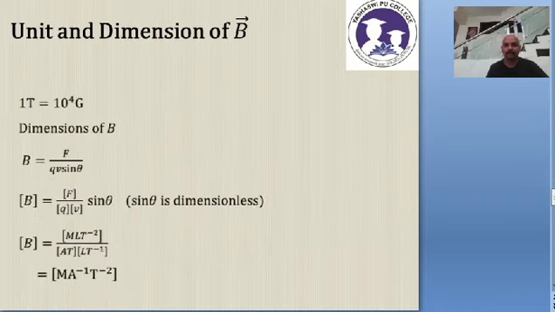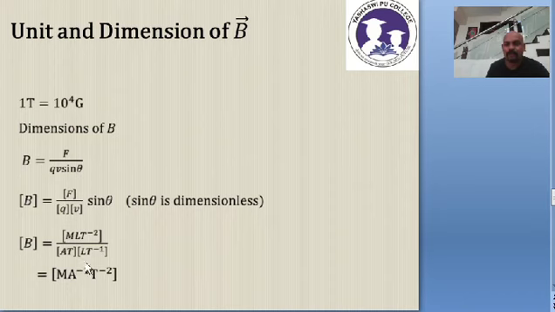We'll proceed further. See, dimensions of B. What is B? According to the equation, B is equal to F divided by qv sin theta. If you want dimensions, F divided by q into v, and sin theta is dimensionless. Force is MLT to the power minus 2, charge is AT, and velocity is LT to the power minus 1.